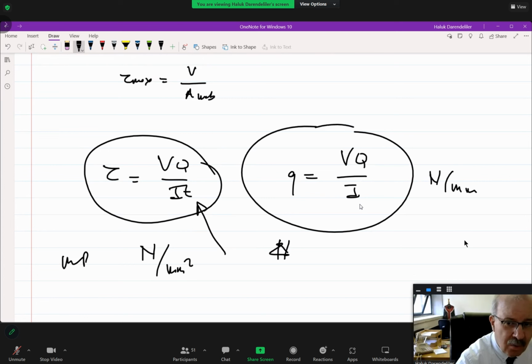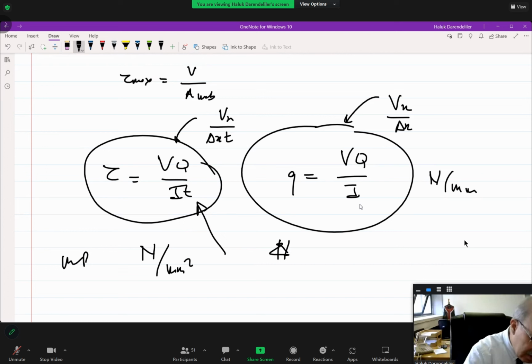Remember, we divide Vx by delta x to obtain Q. We divide Vx by delta x times T to obtain tau. Shear flow is the total shear force defined per unit length. Shear stress is the stress that you very well know by now.